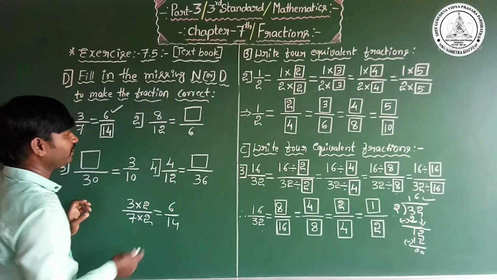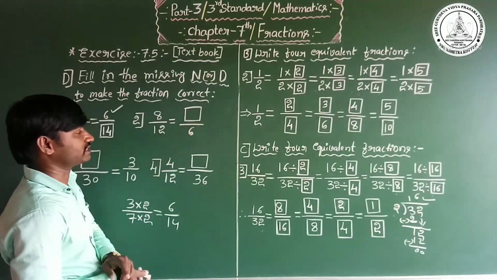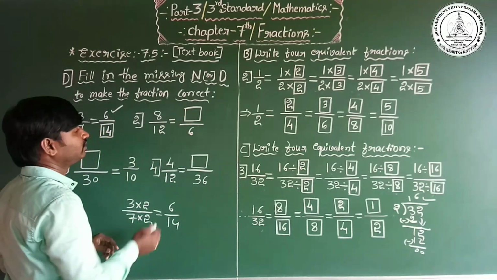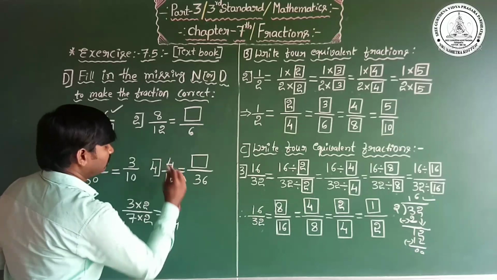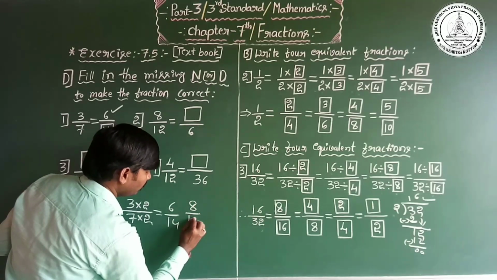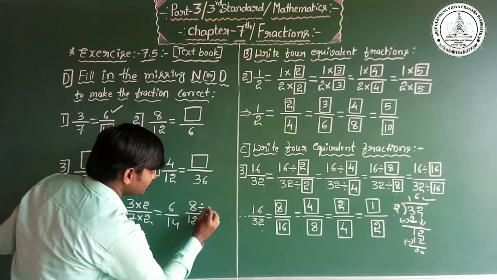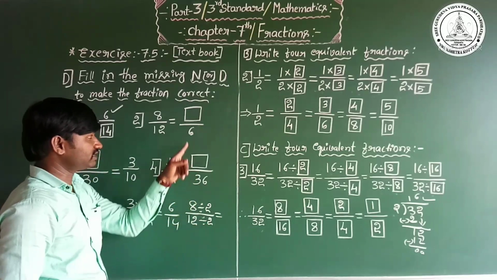Okay, dear student. The next, 8 by 12 is equal to dash by 6. Then the missing number is here. Even 6 is here. So for 8 by 12, use the division method by 2. Here 6 is there.